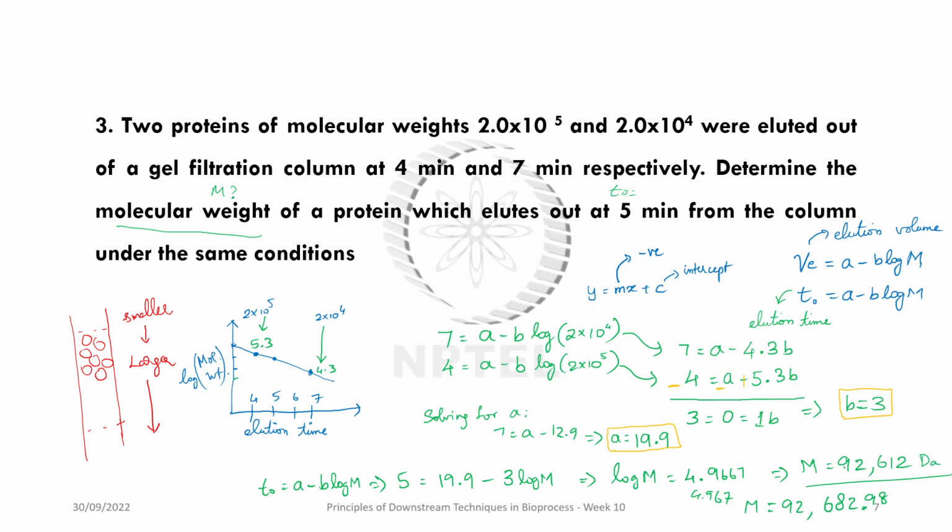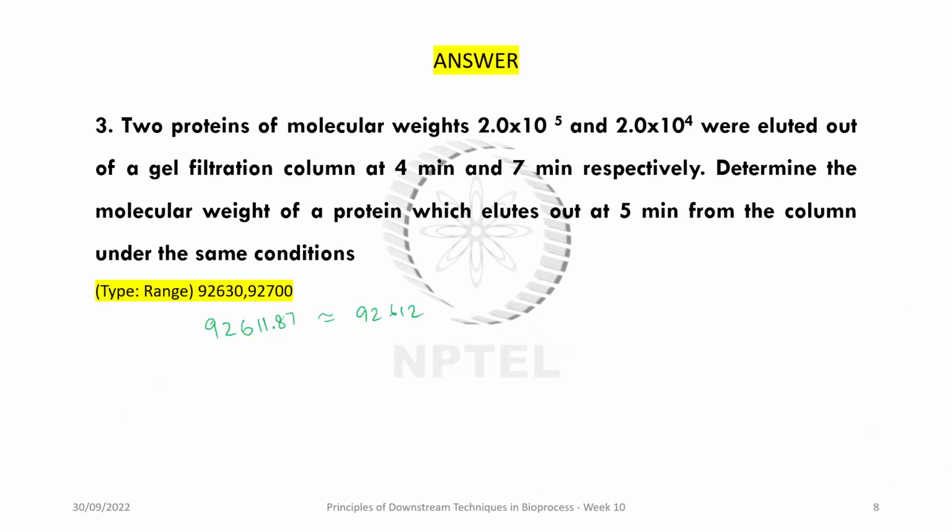So I can round that off to 683. It's just a calculation sort of error based on the decimal values. So in that case, I would get 92,683, and it still falls within the range.